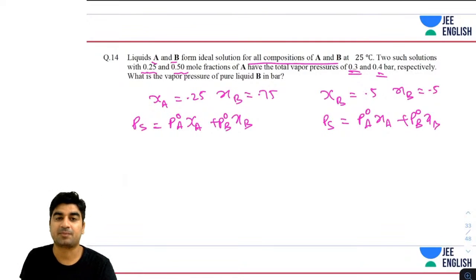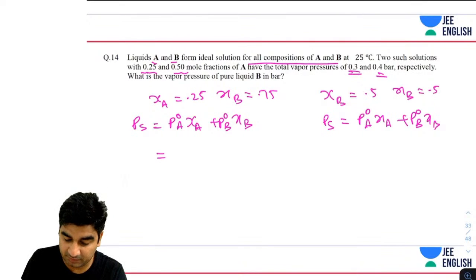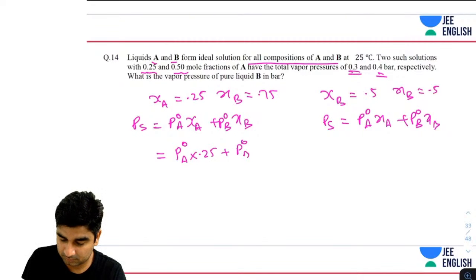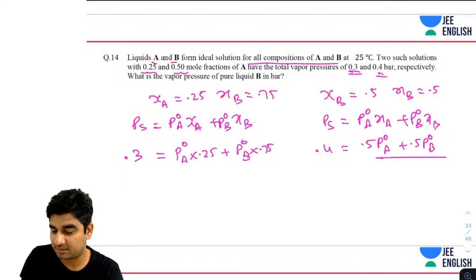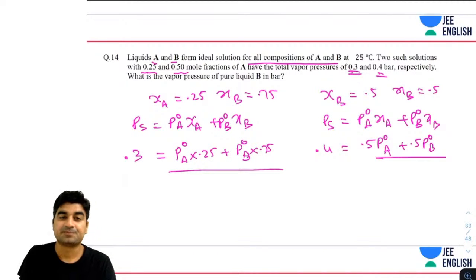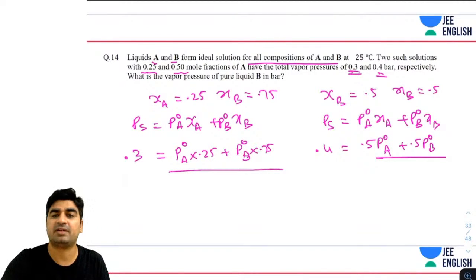I hope you are getting it. So now if X is 0.5, 0.25, this is 0.4. So guys, here you can easily see there are two variables and there are two equations.